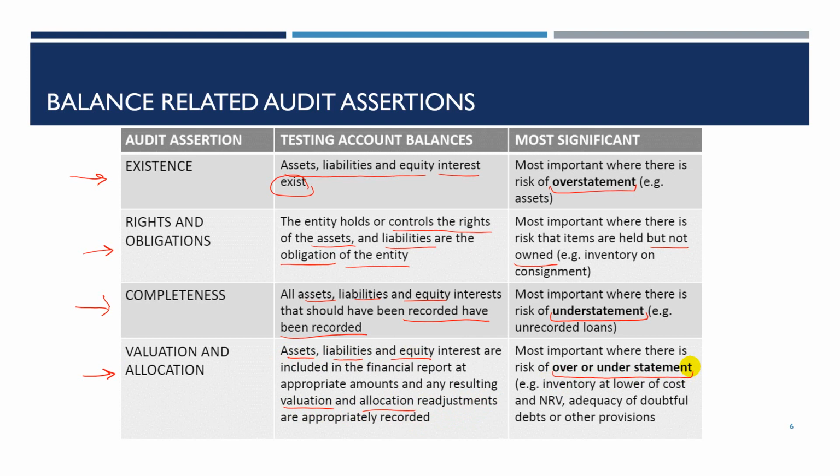For example, an auditor checks that inventory has been appropriately recorded at the lower of cost and net realizable value, as there is a risk of overstatement. Another example is an auditor tests for the adequacy of the allowance for doubtful debts provision, as there is a risk of understatement.